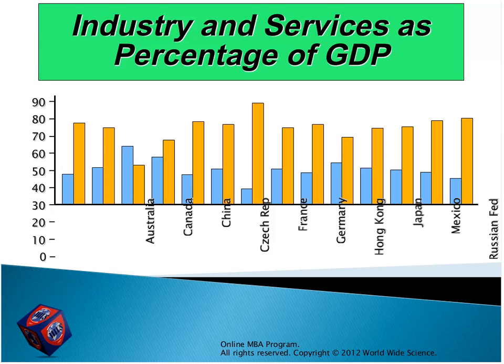Okay. GDP is gross domestic product. That is an economic word in every country, and it shows how well the economy of a country is going. As you see, the yellow bar is the services, and the blue bar is manufacturing.